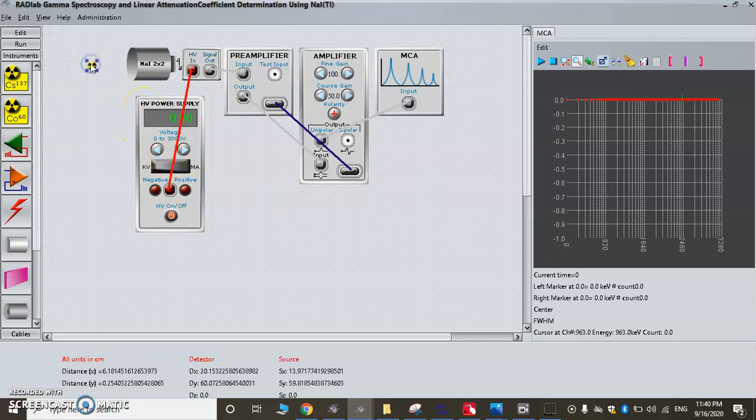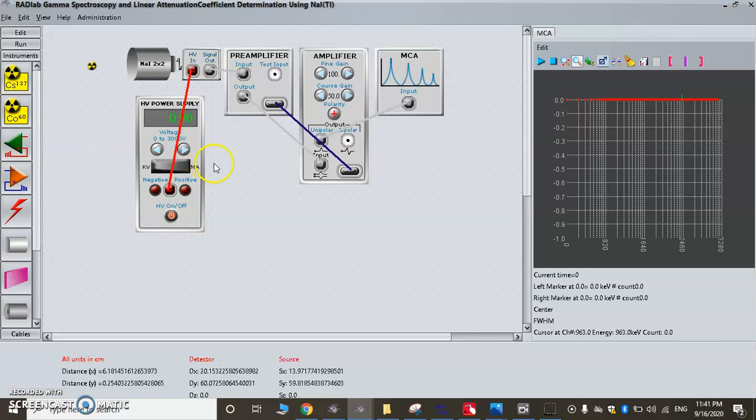In the first part we just run the experiment without placing the aluminum sheet, and in the second part we will run the experiment by putting the aluminum sheet between the source and the detector and check the difference of counts and the difference of intensity in both cases.